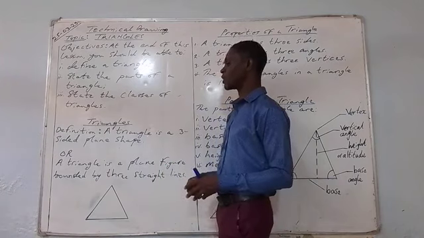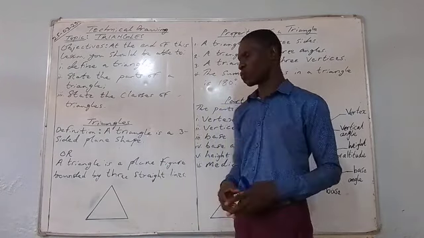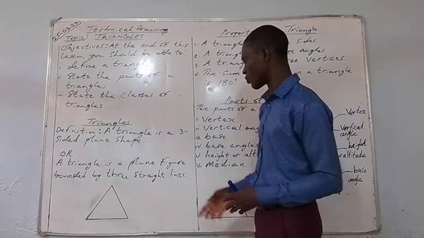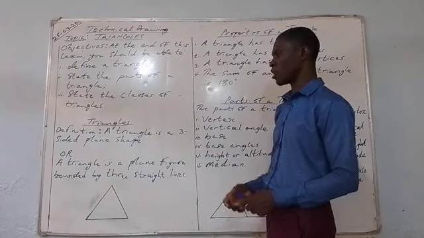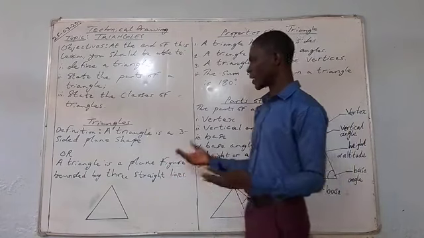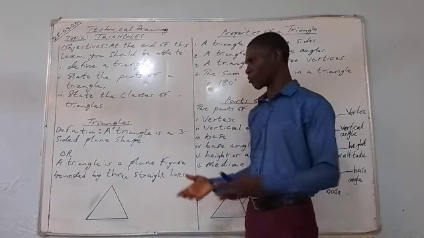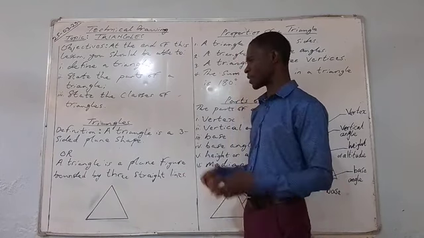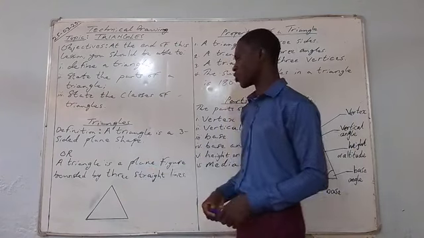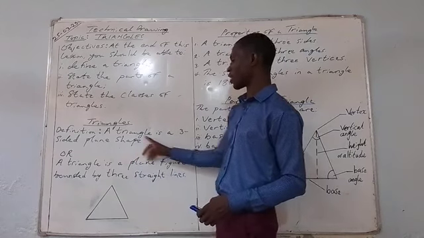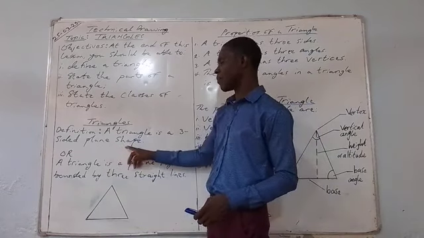Now, let's start with the definition of a triangle. So what is a triangle? As you can see here on the board, I have two definitions for a triangle, and anyone that you can state out of the two, you will be right. Here we have that a triangle is a three-sided plane shape.